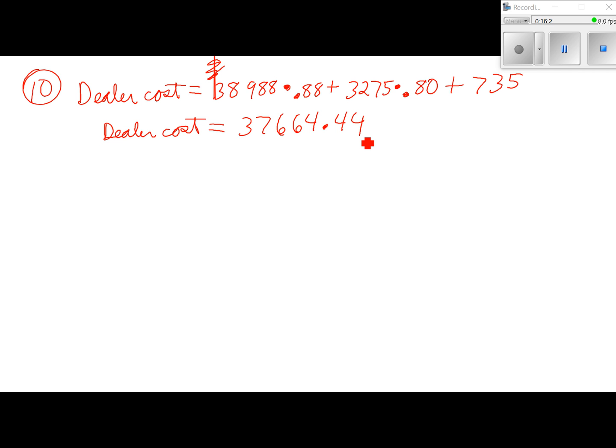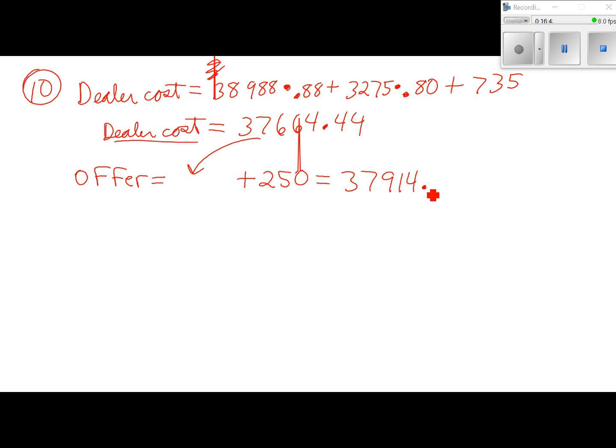And they said that she made an offer of $250 more than the dealer cost. So all we're gonna do is take this answer and add on $250. So the offer that she made to them would have been $37,914.44. That's the offer she made to them.